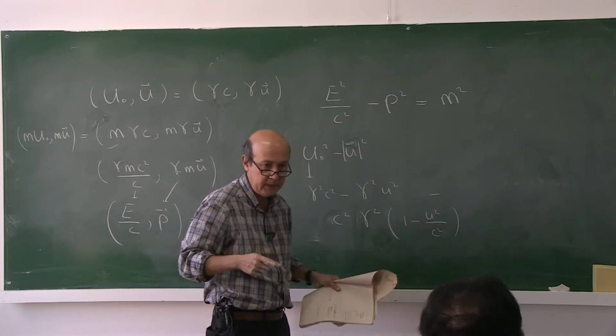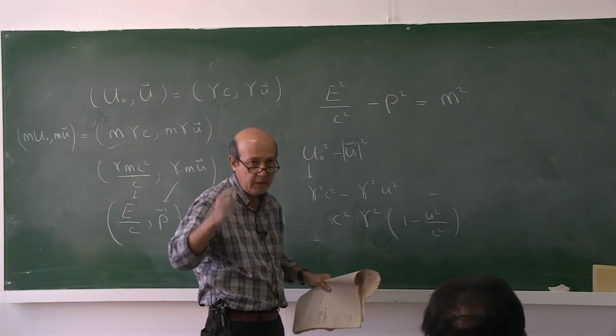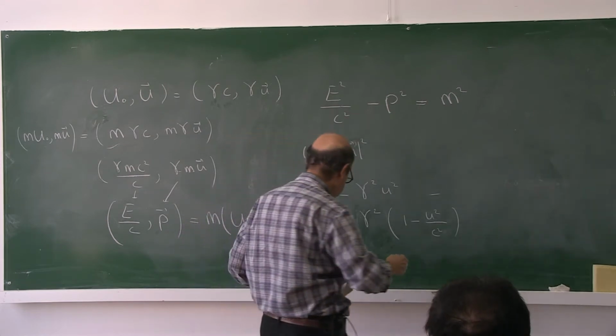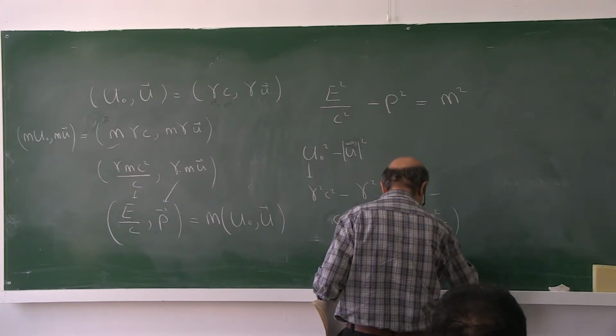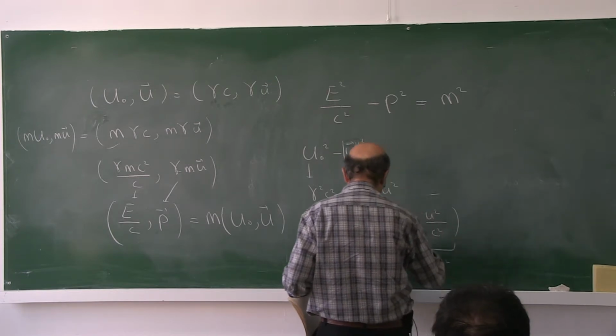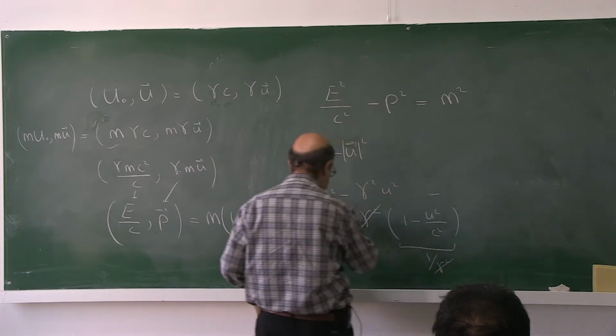U over C is the beta, so that is 1 over gamma square, and this will be cancelled, and this is the C square.